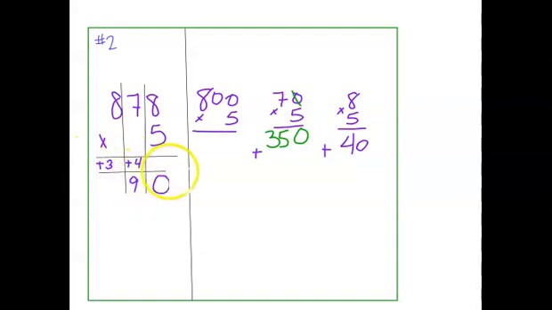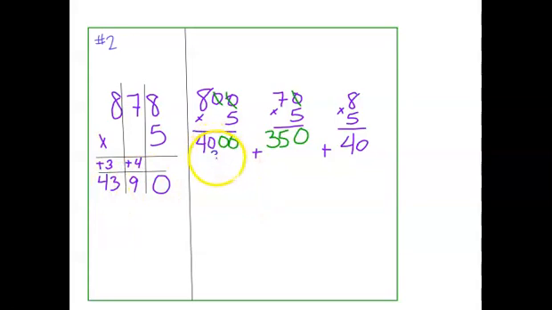Remember, this area right here is our notes section. It's not part of our answer. It's what we need to get our answer. All right, over here we have a double. Cross it off, drop it off. Boom, boom. And now we need 8 times 5, which is 40. 800 times 5 is 4,000. 8 times 5 is 40 plus 3 is 43.